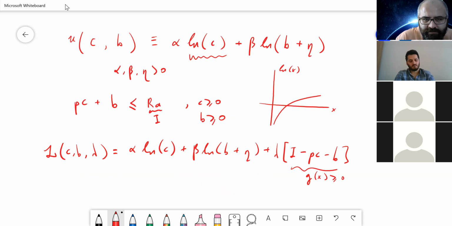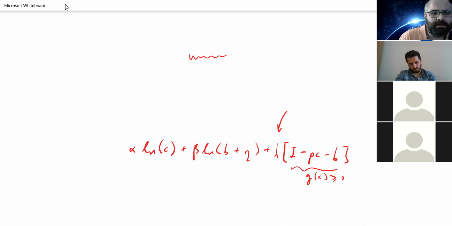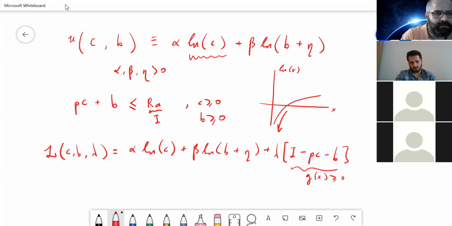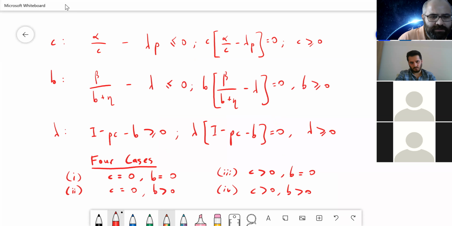If c goes to 0, regardless of the bequest, utility goes to negative infinity, all right? So you can understand quite simply that these two cases are then not optimal.